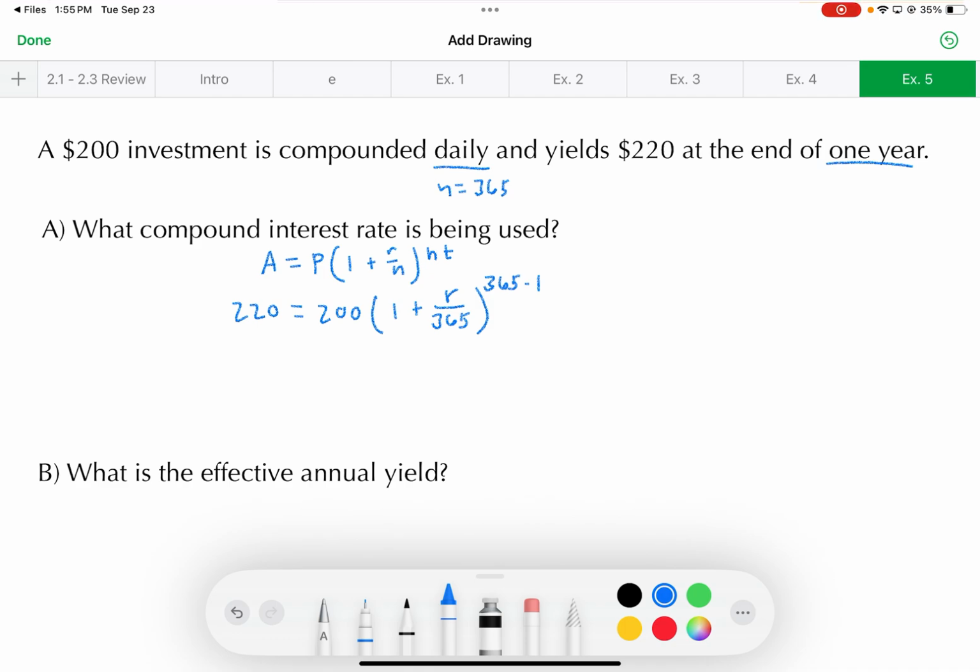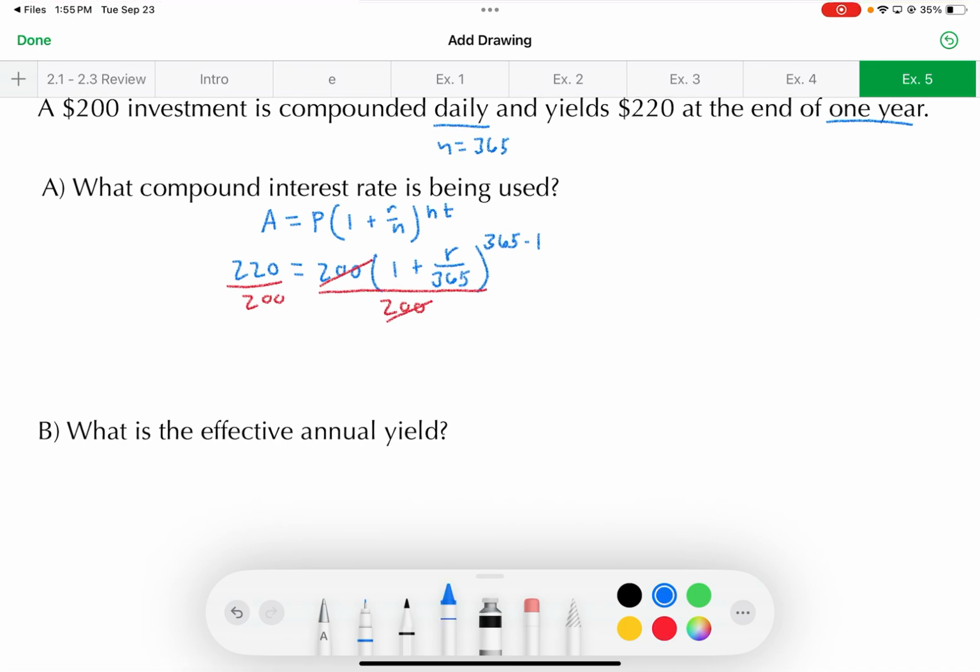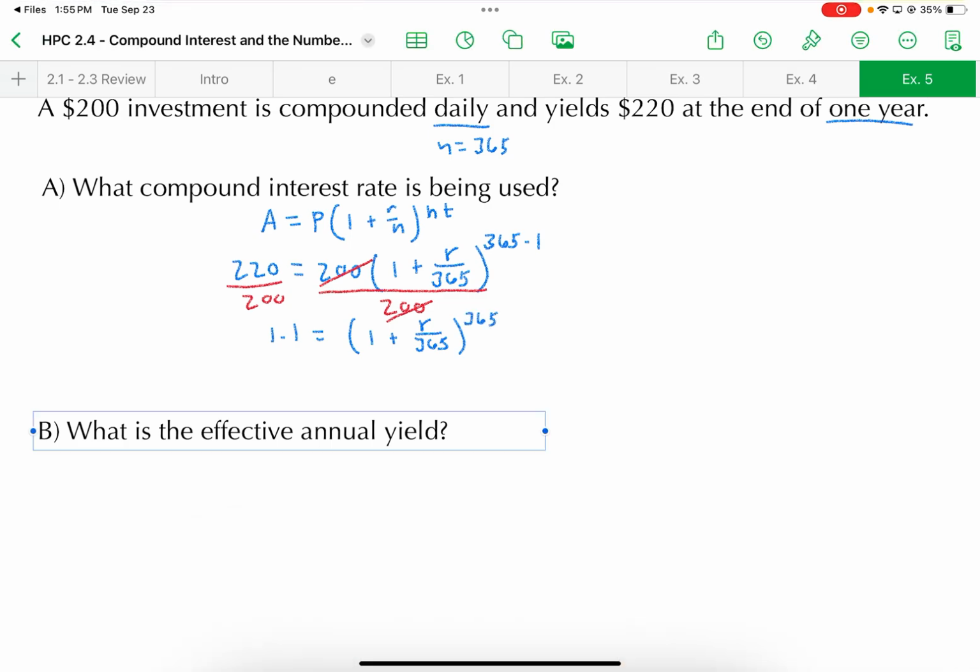Because again, this is always over 1 year. Okay, so we got to solve this for R. I'm going to divide out 200. That's going to give me 1.1 is equal to the quantity 1 plus R over 365 to the power of 365.